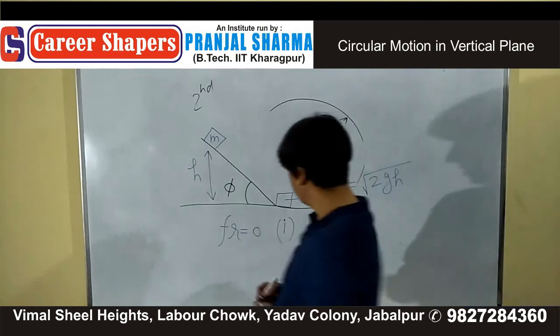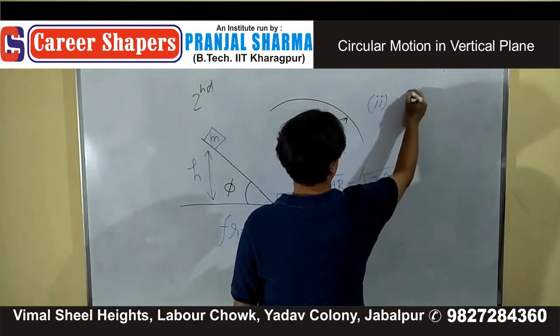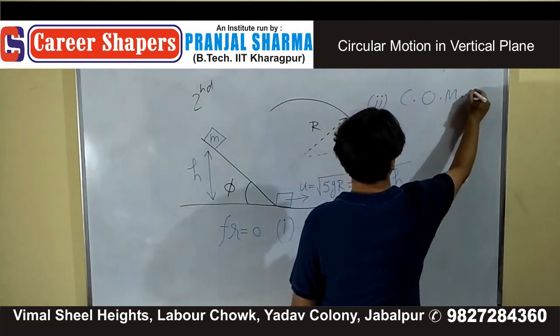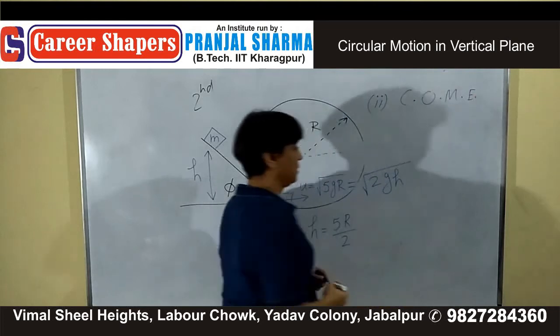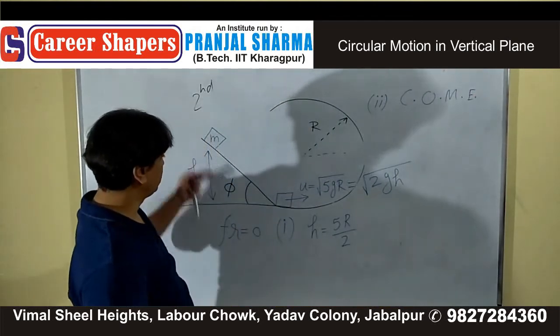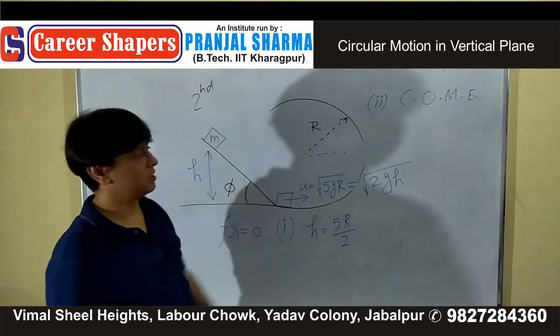Look at the second method. Second method, again with the help of COME, conservation of mechanical energy. Now, let's apply conservation of mechanical energy between this point and the highest point.